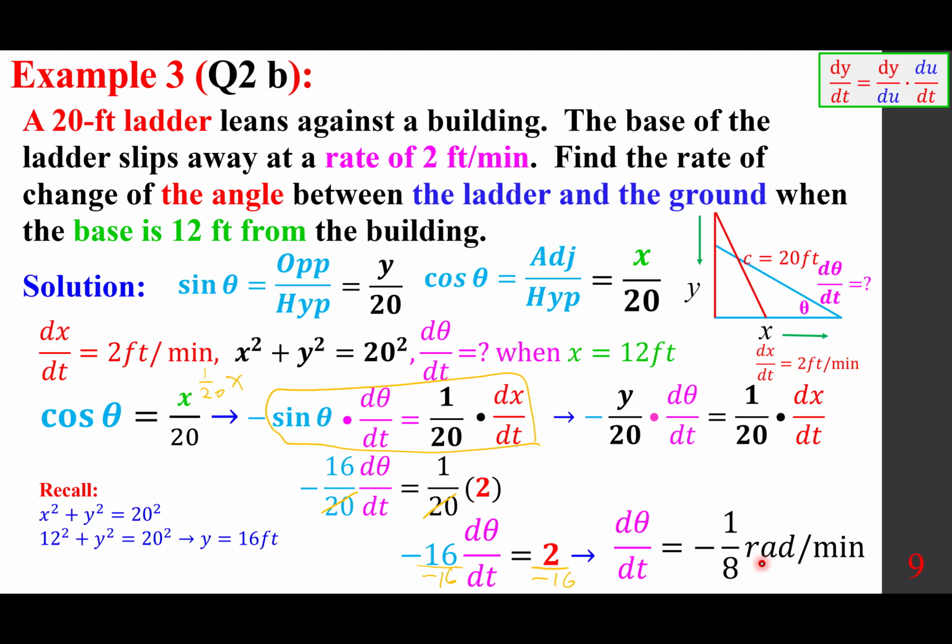What does it mean? Obviously, x is getting larger, dx dt is positive. Y is getting smaller, dy dt was negative. What about theta? I hope you can see that theta is here and it's becoming smaller and smaller. That's why it's negative.